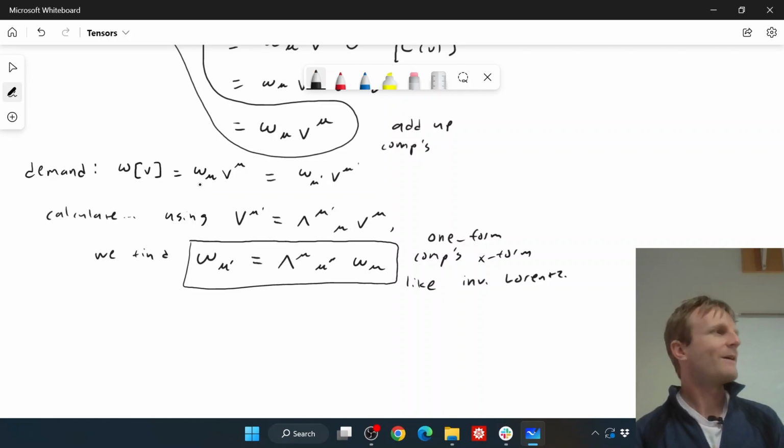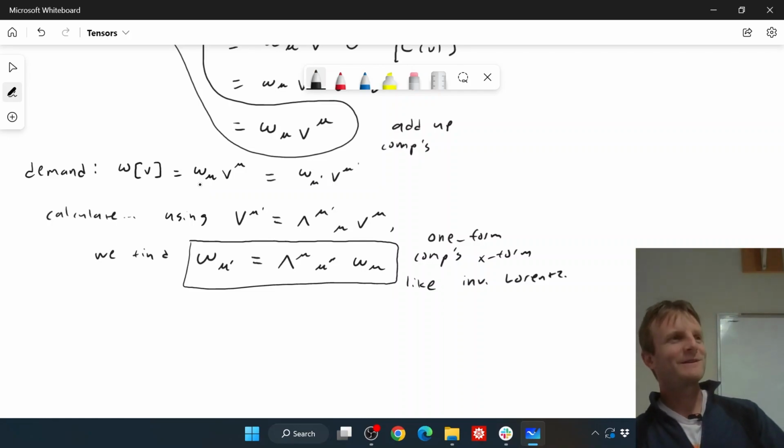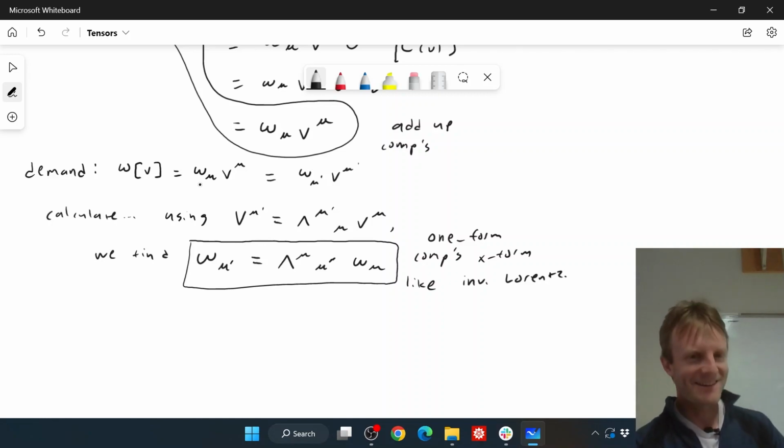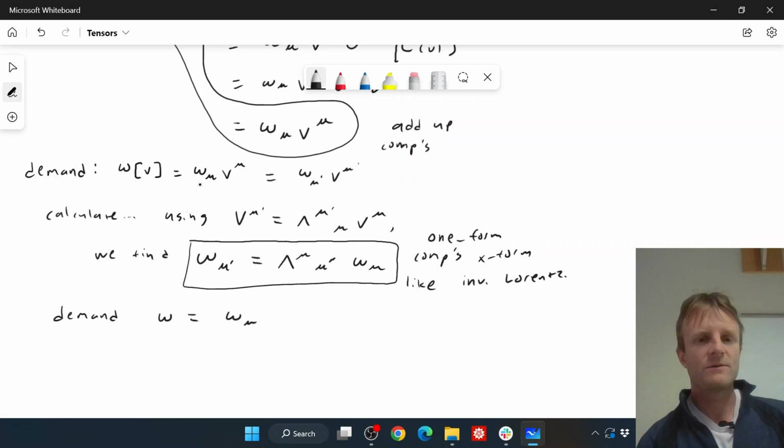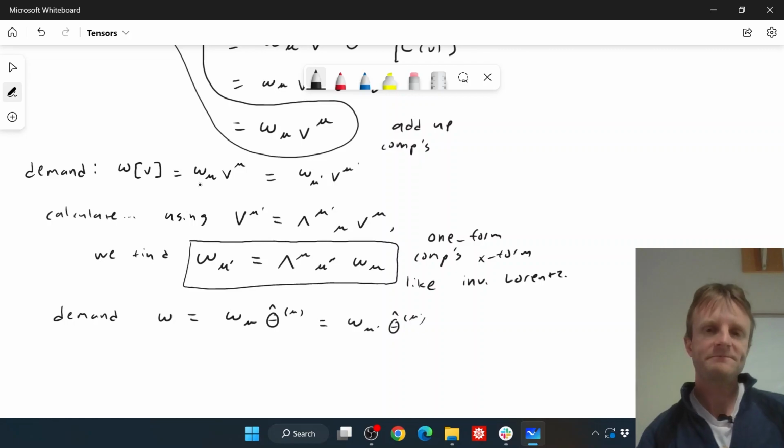So we now have transformation law for vector components, transformation law for vector basis vectors. We have transformation law for one-form components, so we need transformation law for one-form basis vectors for completeness. So again, demand that omega could be written as omega mu theta hat mu, or omega mu prime theta hat mu prime.